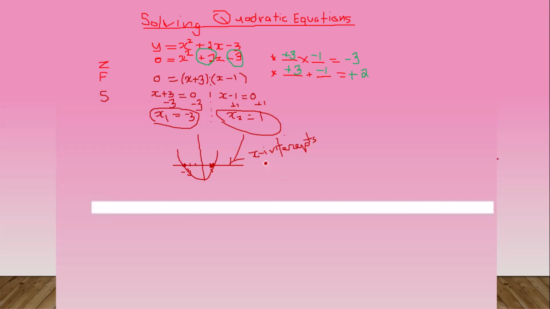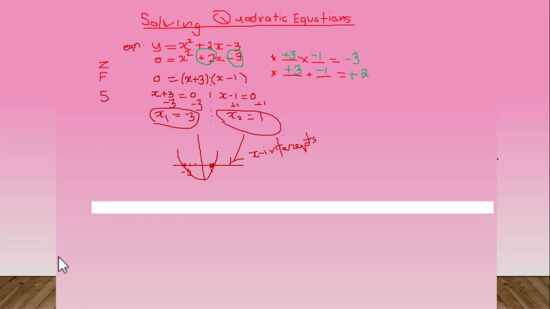So keeping that in mind, in order to come up with the equation of the graph, we are going to go backwards in this process. We are going to find the x-intercepts, put them into the factors, and then expand the factors to come up with our equation.